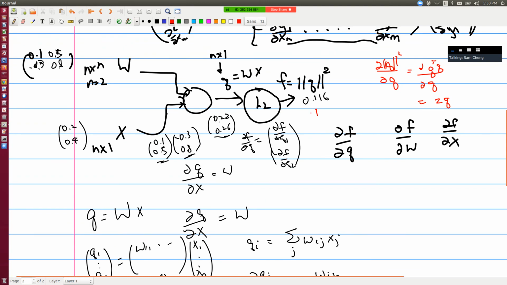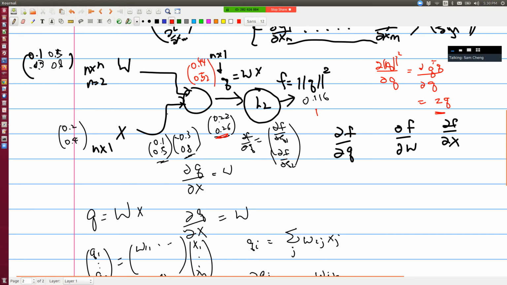If I have 1 here, then multiplied by the local derivative 2q, it is equal to 0.44 and 0.52.